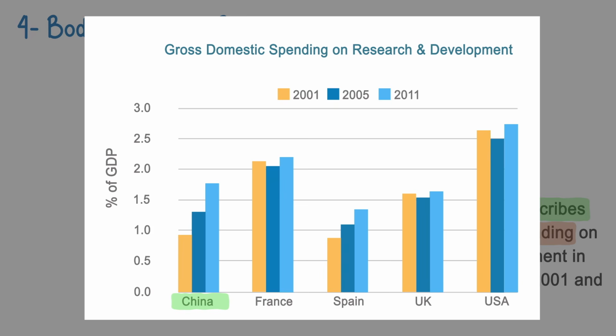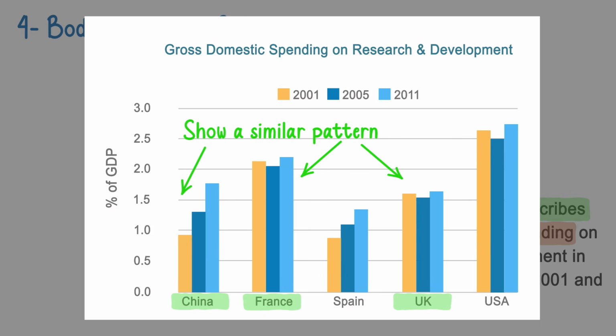So what we can see is that each year, it increased around 0.5%. So there was an increase of 0.5% each year for China. And France and the UK showed a similar pattern. This is a very good phrase, "show a similar pattern": when you see that the pattern is the same and is repeated for 2 or 3 countries, you can talk about that. Except the UK was lower than France. But they showed a similar pattern.